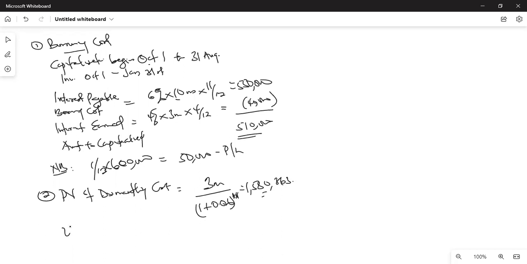So we have unwinding interest to our P&L, which is our discount factor of 6% multiplying this figure, 1,580,363, giving 94,882.